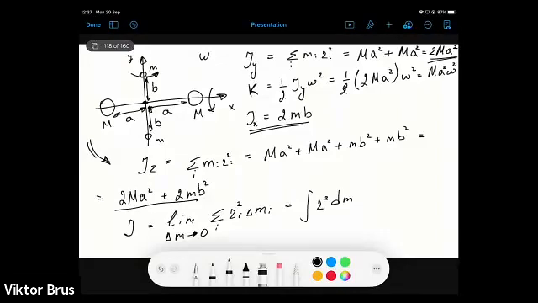So dm can be considered depending on the system, on the distribution of mass there. It could be three-dimensional, two-dimensional, one-dimensional.